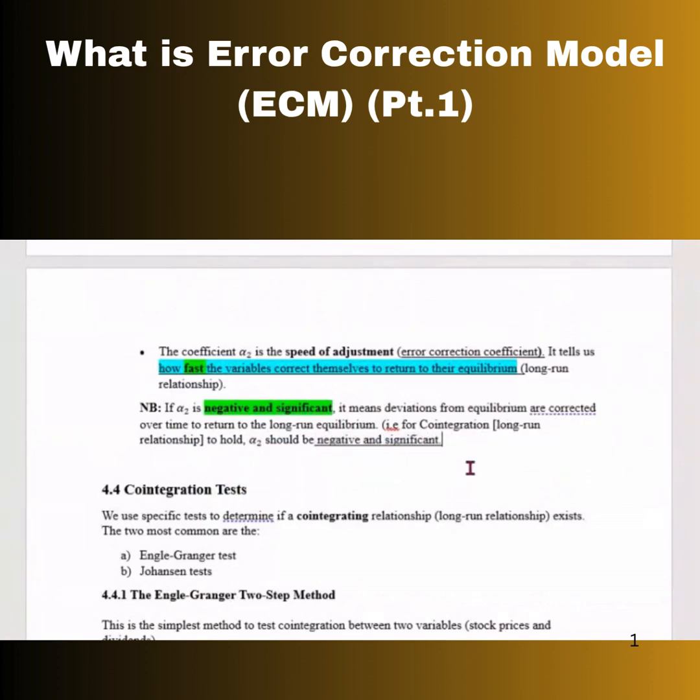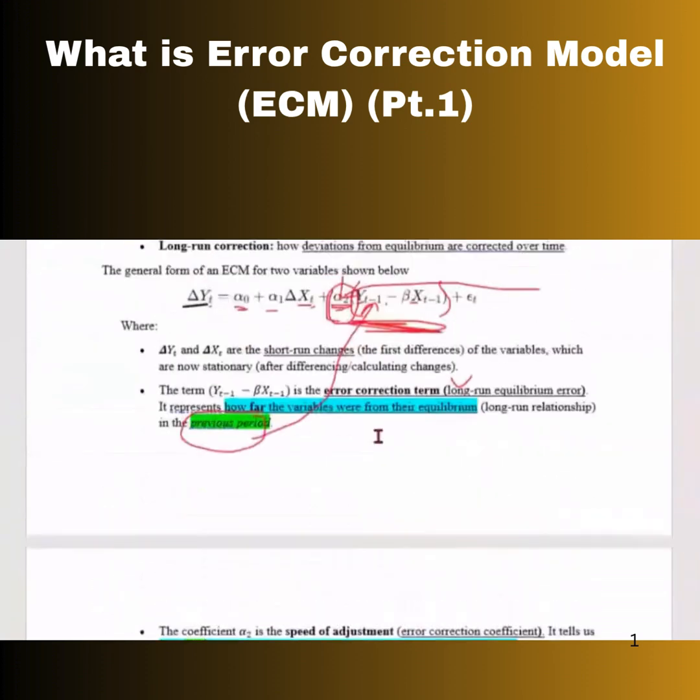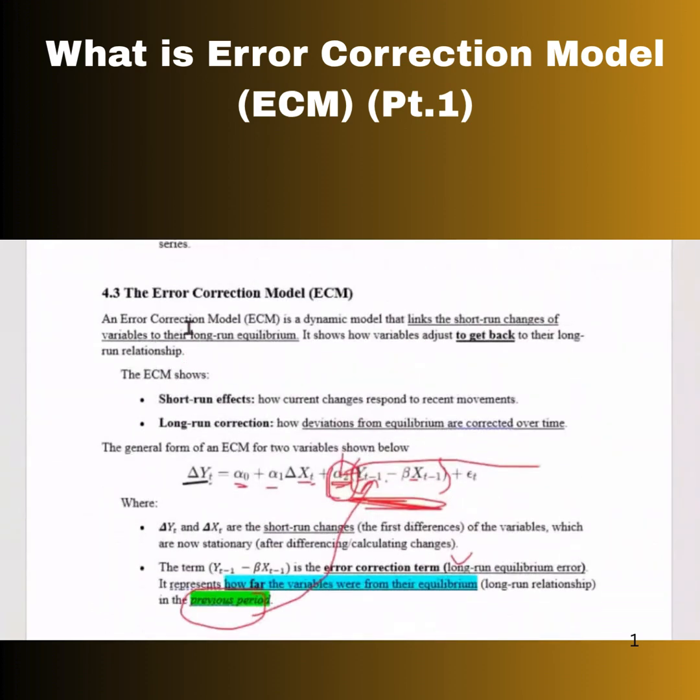If it is negative and significant, then we say that these two variables conform to the long-run relationship, or we say that these two variables are cointegrated, or that a cointegration exists between the two variables. That is a simple explanation of the error correction model.